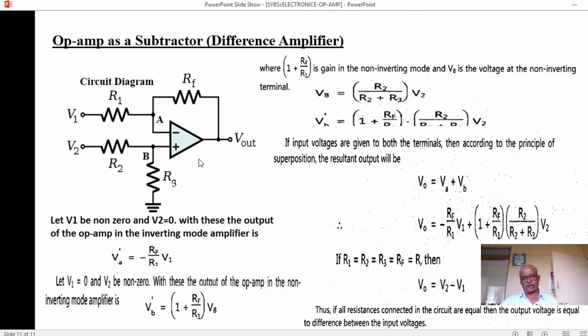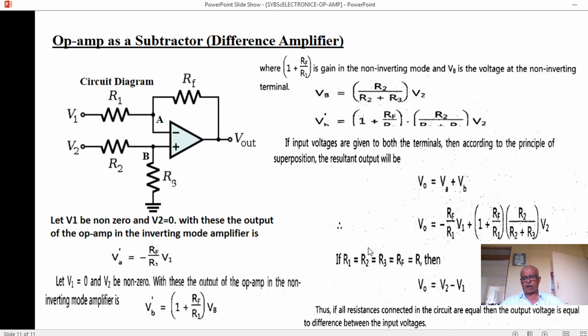Similarly, if we consider this lower part which is the non-inverting, then due to this non-inverting part the gain is 1 plus feedback resistance RF upon input resistance R1. So in this way, if we substitute the values here and simplify, we get this type of output at the Vout terminal of the op-amp.